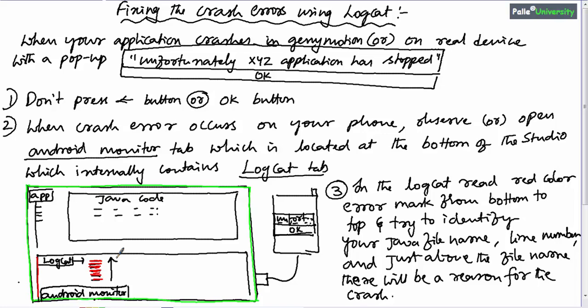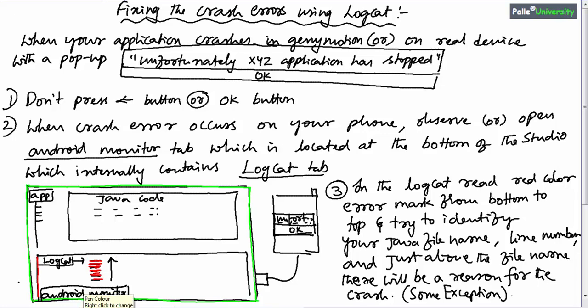Immediately beside the file name, in parentheses, it will also display the line number which has caused the crash. And if you observe, just above the Java file name it will also display the reason for the crash. Mostly the reason for the crash will be some exception. As of now, you don't have to worry about what an exception is.